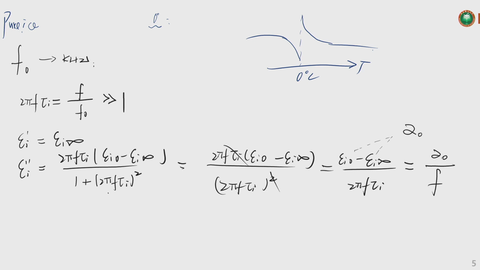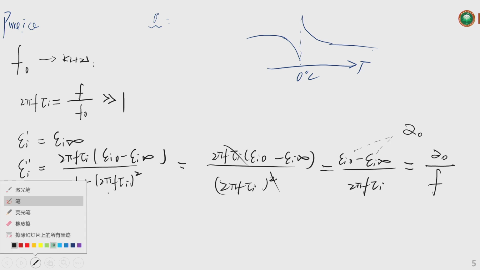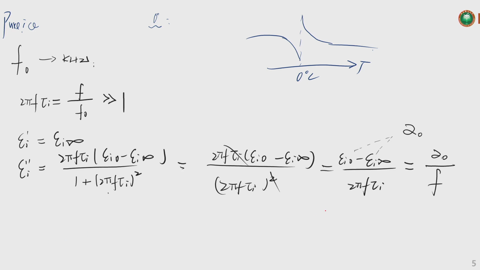And as we mentioned previously, the single Debye model can usually only offer good predictions at lower frequency ranges. If we want it to be more suitable for higher frequency ranges, we need to add another term for correction.